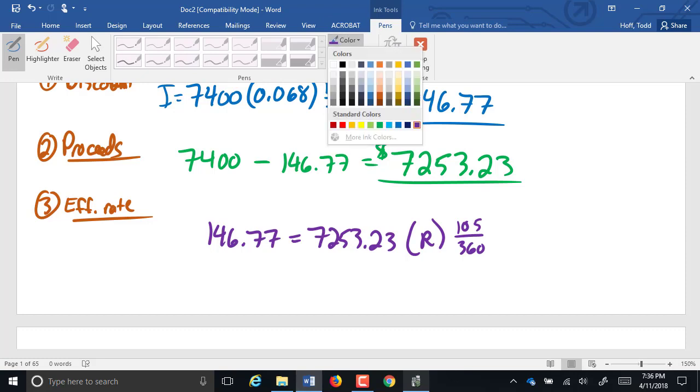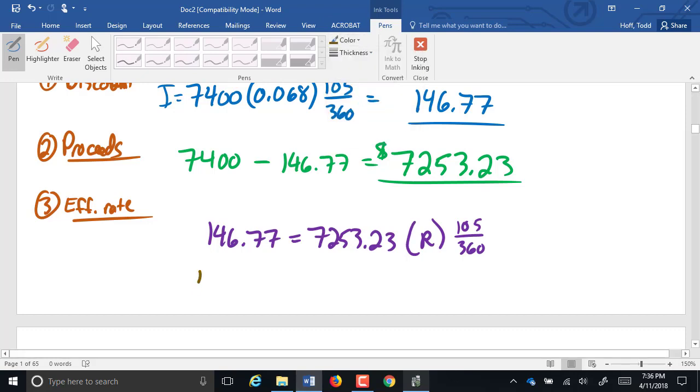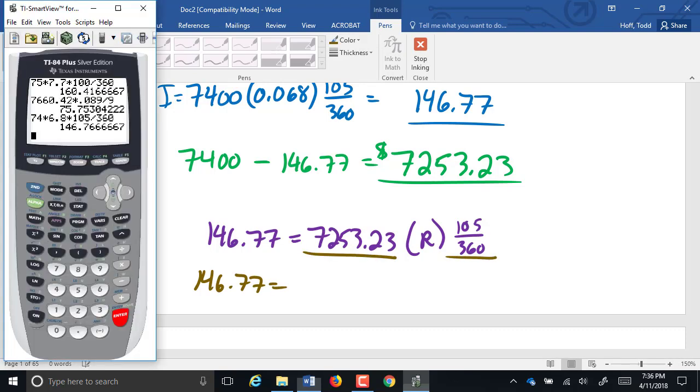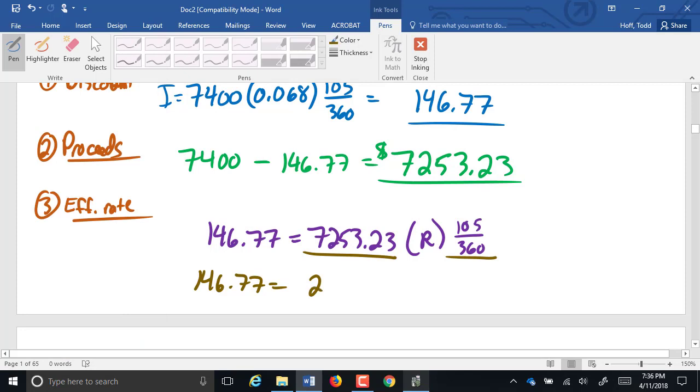Where do we go from there? Perfect. We combine the 7,253.23 and the time of 105 over 360. You get 2115.53.